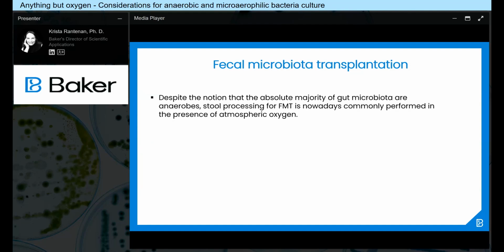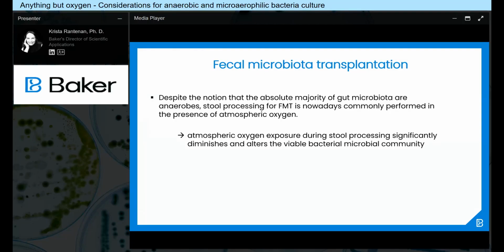It's not to say that it doesn't work, but what is known is that atmospheric oxygen exposure during this processing diminishes and alters the microbial community.